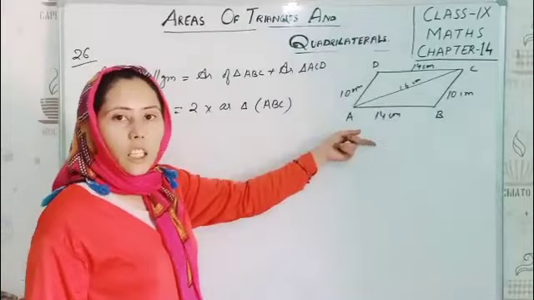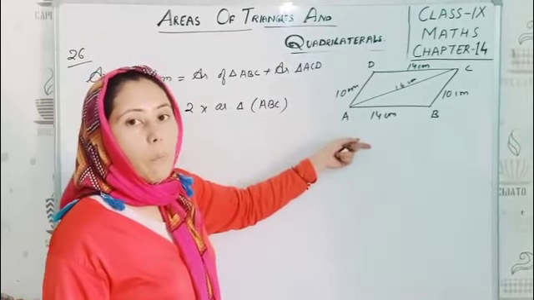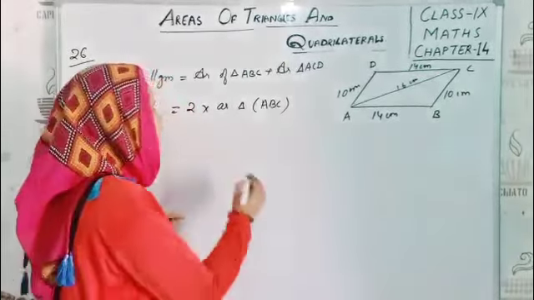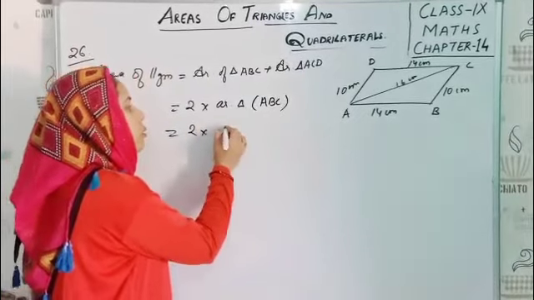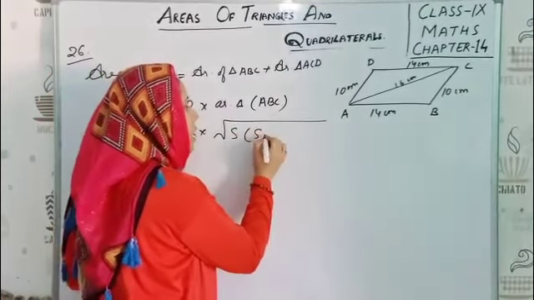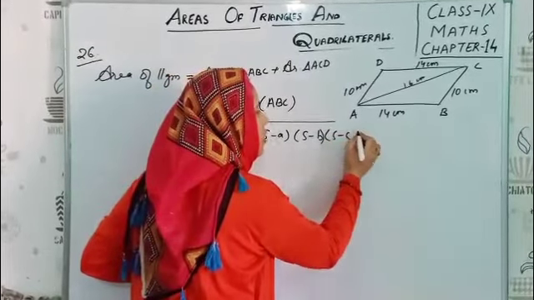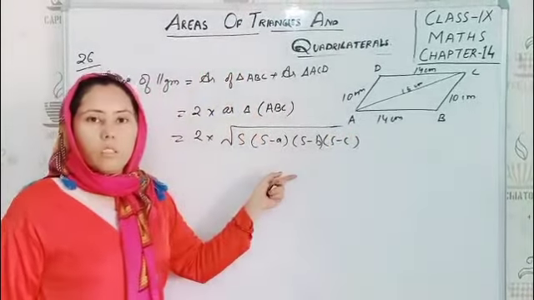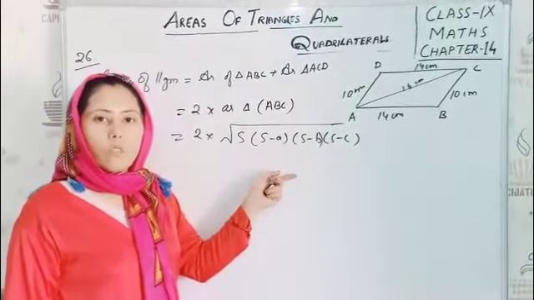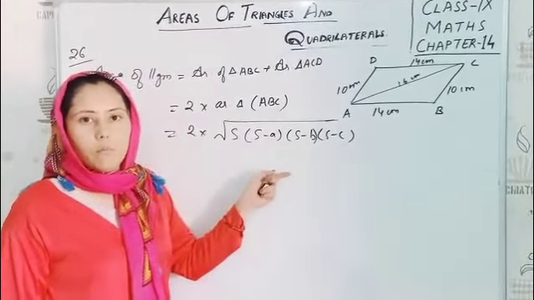This is a scalene triangle, so we will use Heron's formula: 2 into the square root of s into s minus a, s minus b, and s minus c. Are you able to solve this question? Try it.